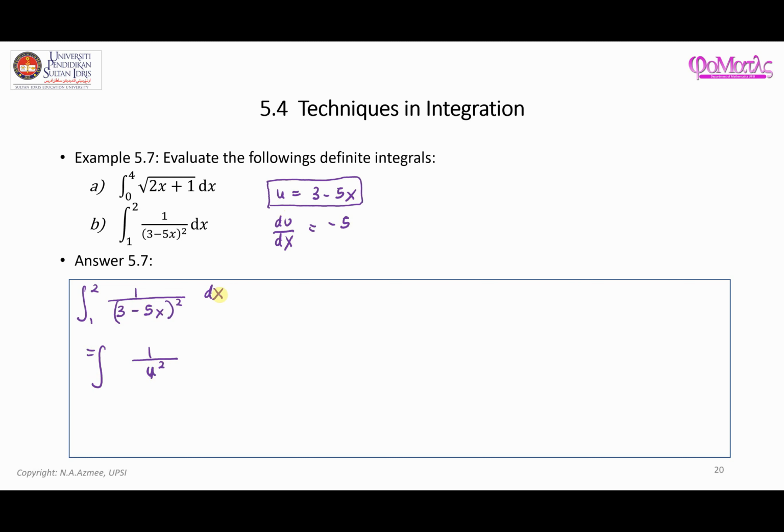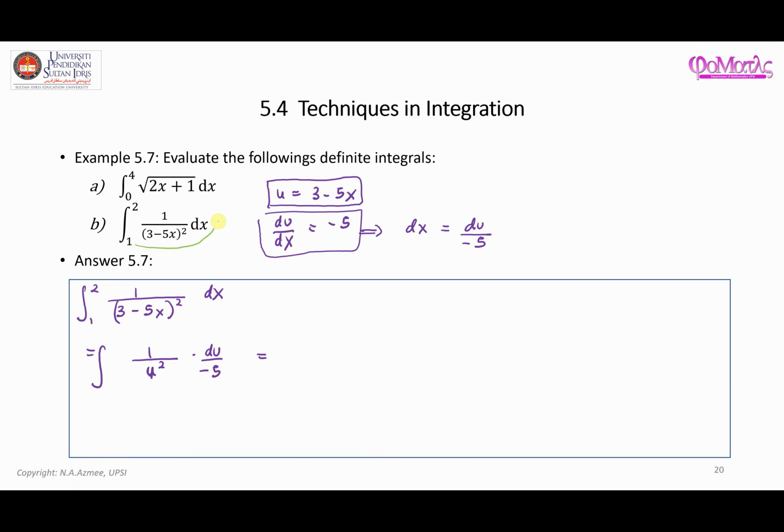So dx, according to this, will be equal to du over negative 5. So I'm going to replace dx with du over negative 5. And the limits, let's talk about the limits.